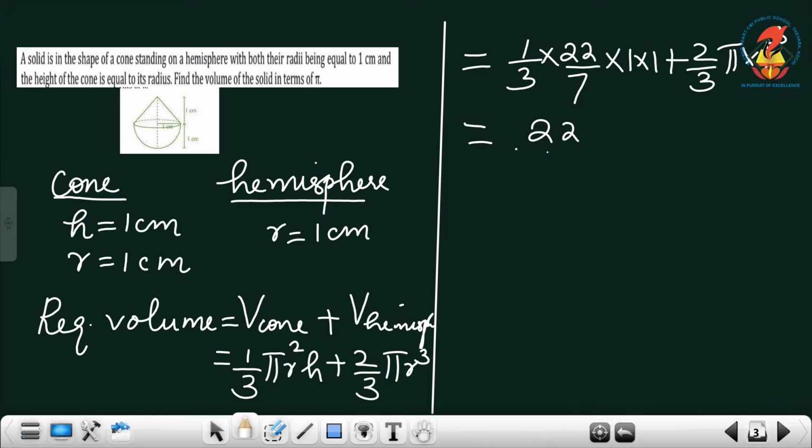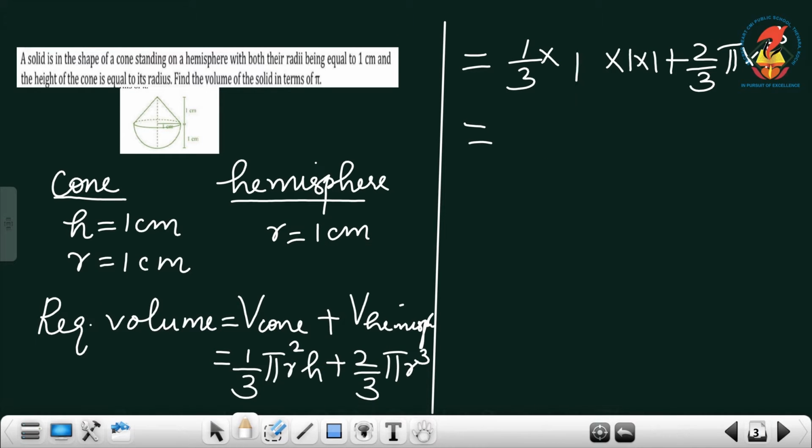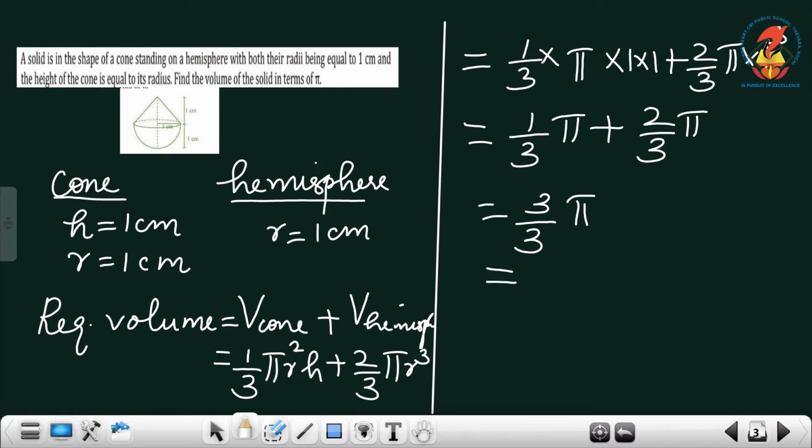In terms of pi we need the answer, so we don't want to change it as 22 by 7; we can keep pi as it is. So 1 by 3 pi plus 2 by 3 pi. What is the answer? It is equal to 3 by 3 pi, which is equal to pi centimeter cube. This is the answer.